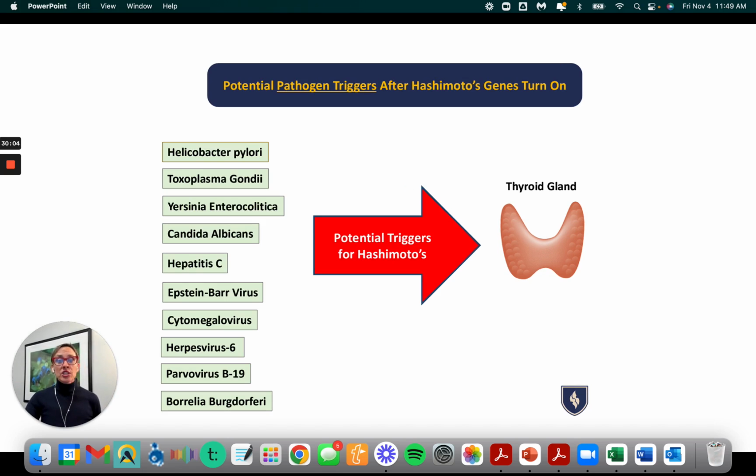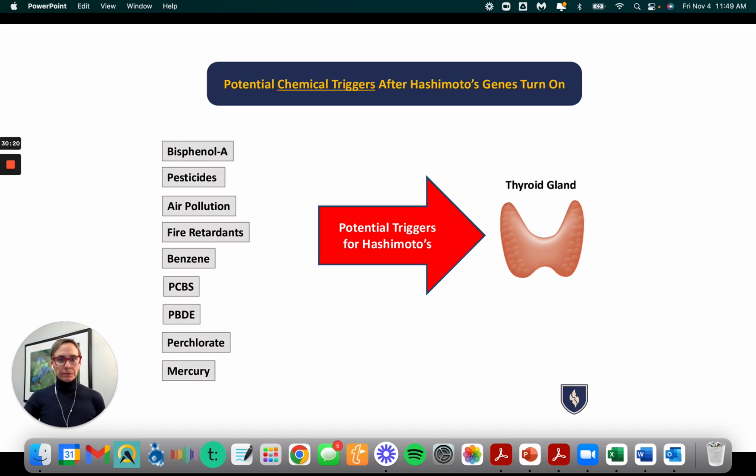Certain pathogens can trigger, once the genes are turned on, a move into overt hypothyroidism: H. pylori, yeast, hepatitis C, Epstein-Barr virus, all of these. And then certain chemical triggers: BPA, pesticides, air pollution, mercury, all sorts of things.